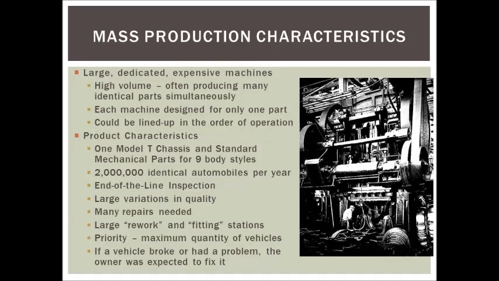And those machines would do that one particular job. They would do it over and over and over again. The idea there is that the machine could produce high volume, but the parts that it would make would be identical. Every single one would be the same that came out of that machine.